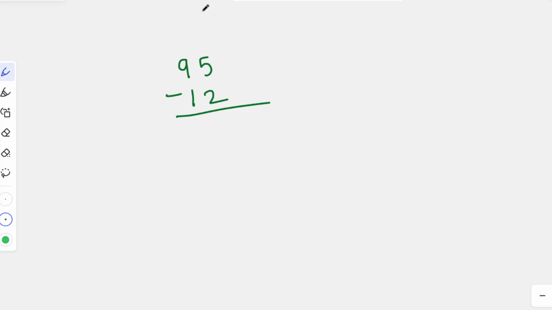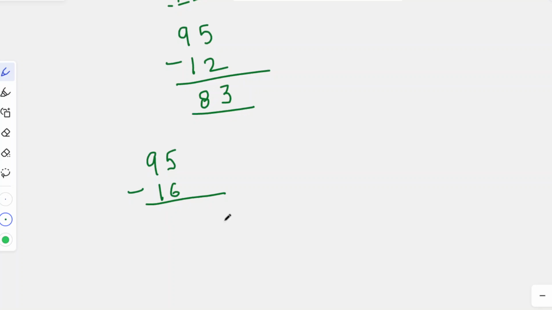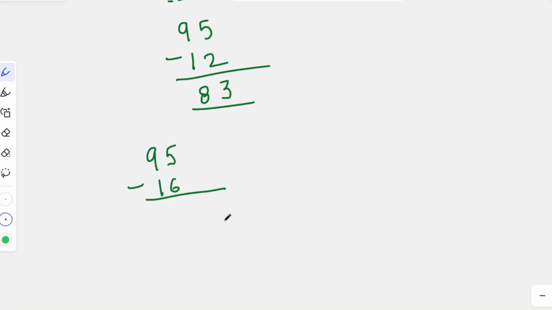All right, so now ones digit, tens digit. So 5 minus 2 we know is 3, 9 minus 1 we know is 8. All right, very simple, very easy. Now let's make it 95 minus 16. All right, now observe carefully, this is where most mistakes happen. 5 minus 6 not possible, we borrow from the neighbor.